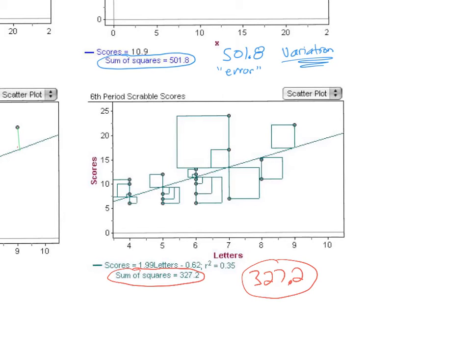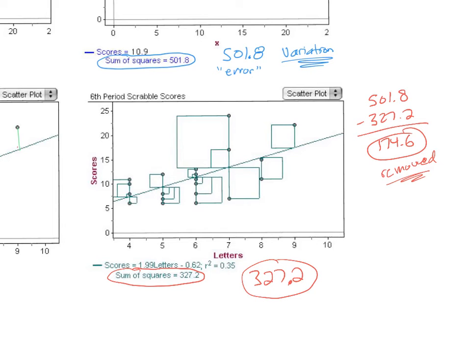So how much better is my guess? Well, let's figure out how much error I have removed, or how much variation I have removed from the process. So what I would do is take 501.8, my original error, and subtract the 327.2. And I get 174.6. So that's how much error I have removed from the problem, okay?